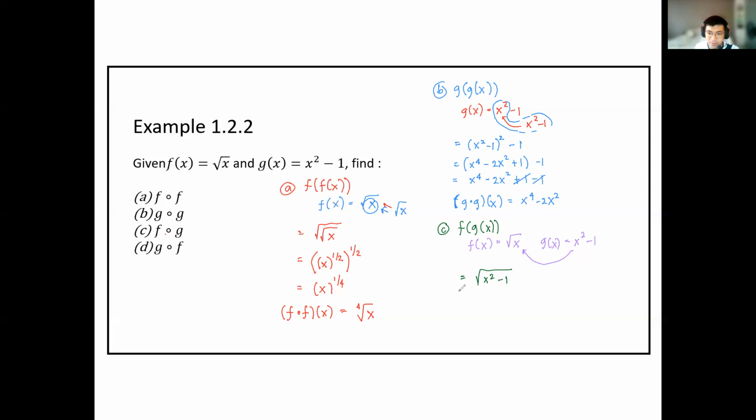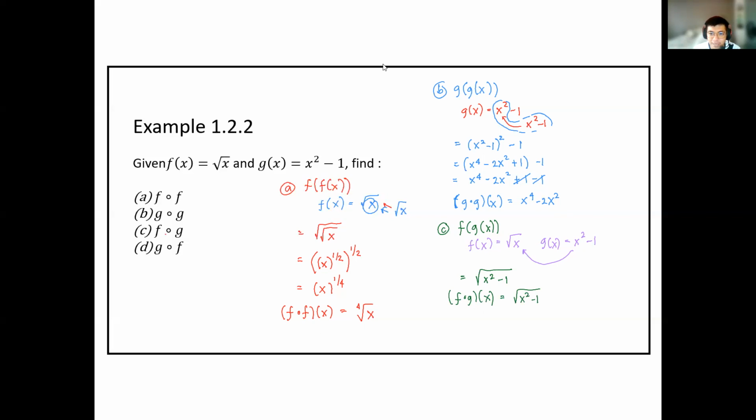The final answer would be f of g of x is equal to the square root of x squared minus 1. So it's easy to answer there.